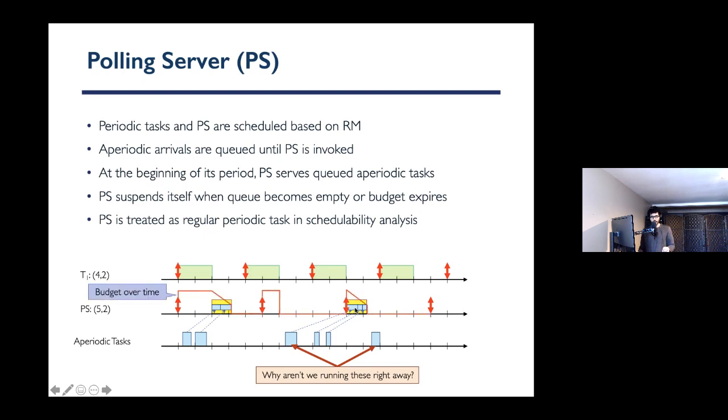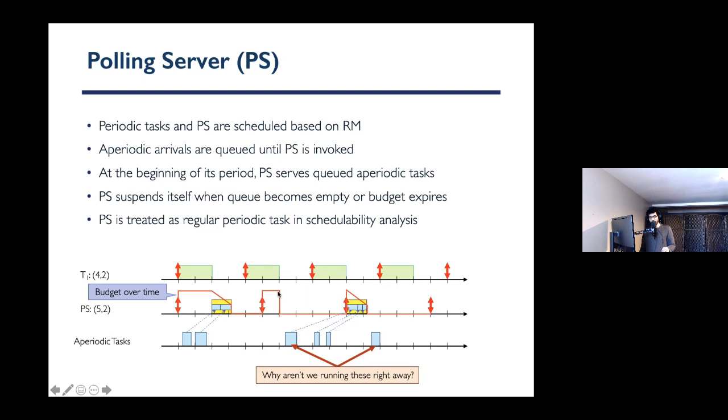So the budget of PS gets refilled at every period. And as long as I have tasks, I execute them and my budget decreases. The moment I don't have any task, my budget goes to exactly 0. And then I will wait for the next round.